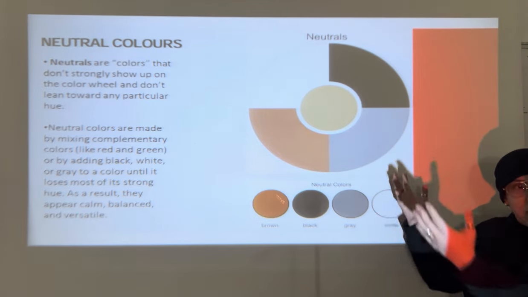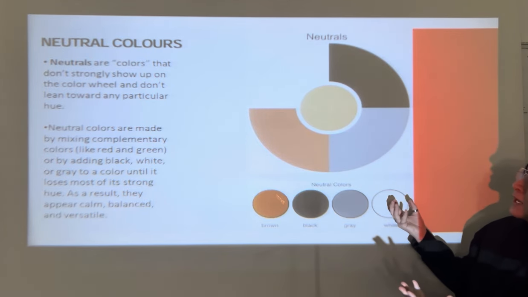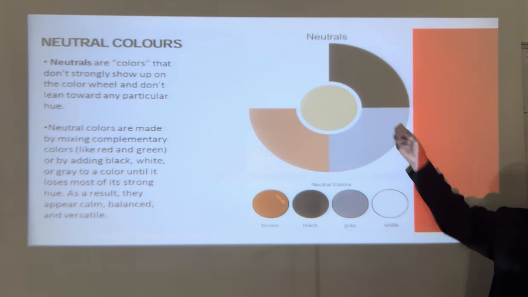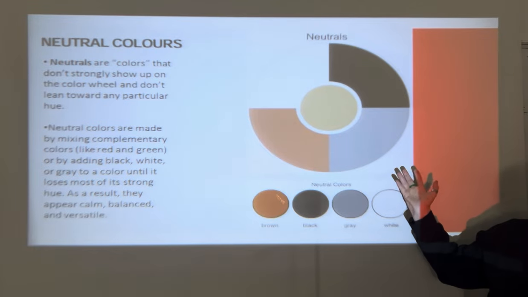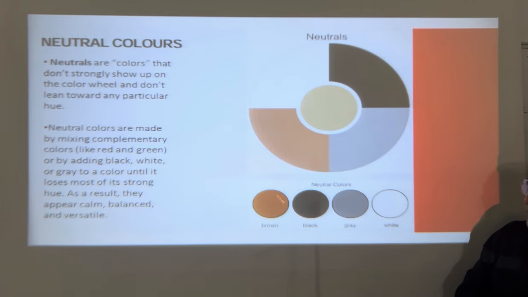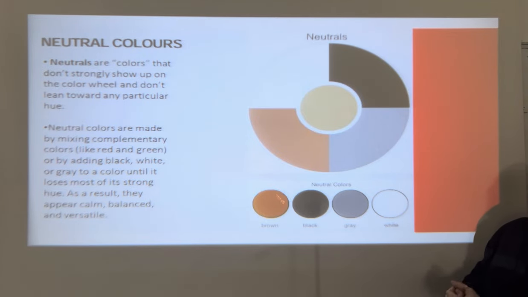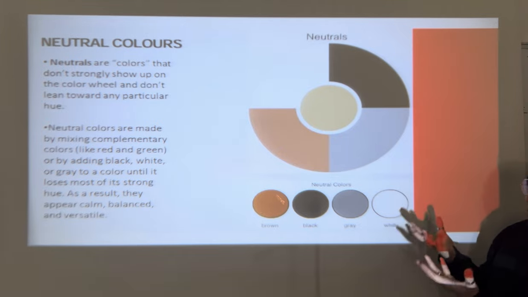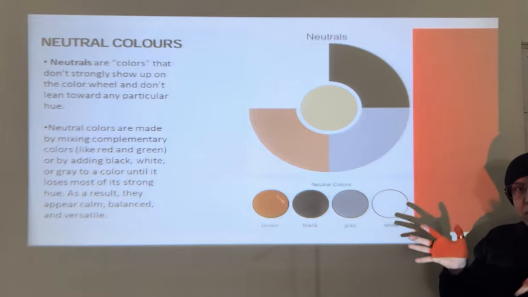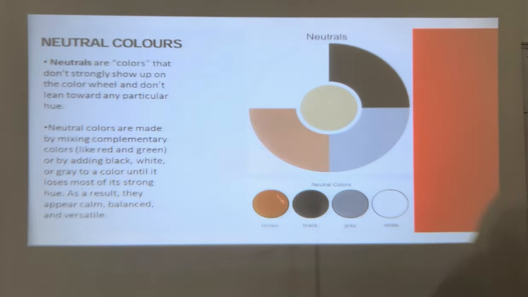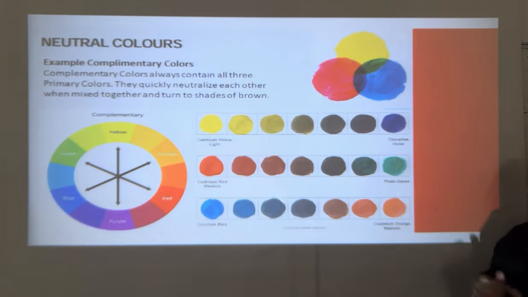There are a lot of colors that we can call neutrals, so it's not just 1, 2, or 3, okay? They are very versatile, and all of them create different levels of calmness, and they're more balanced, not very striking, not very bright like the original ones.